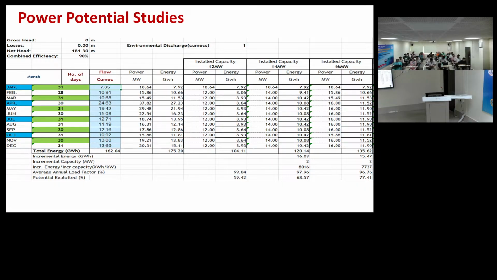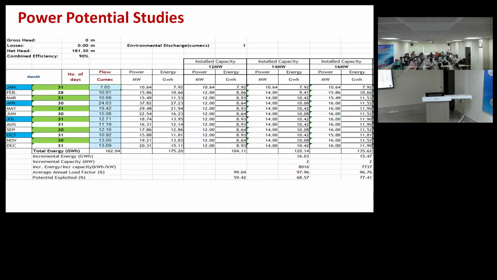If you fix FRL here, you will get some power, right? As you increase this FRL, you have to do different iteration studies, and also you give input, like net head is there, right? This is the net head formula. For different FRLs, you just give the input here, and these values will automatically change in the Excel.